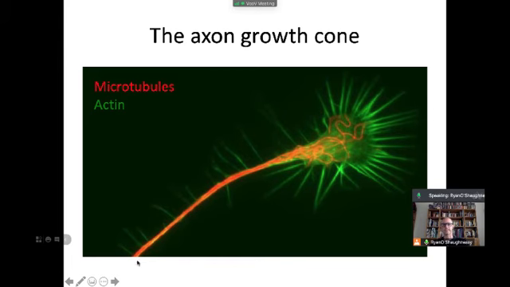And you can see that the microtubules that are quite organized in the axon become more disorganized in the growth cone. And the implication here is that that growth cone is very motile and can throw out actin processes and can change its shape quite quickly due to the changing cytoskeletal elements within it.